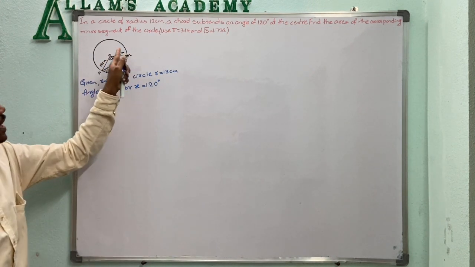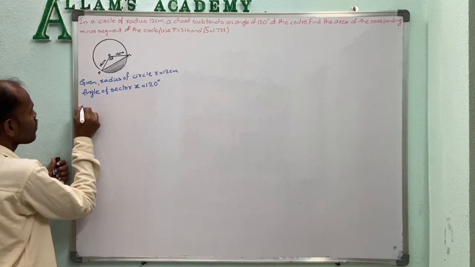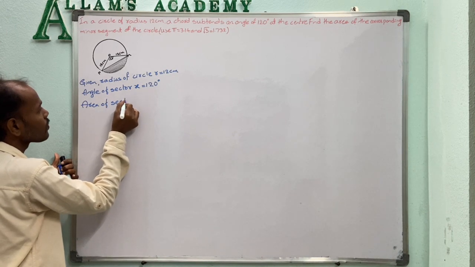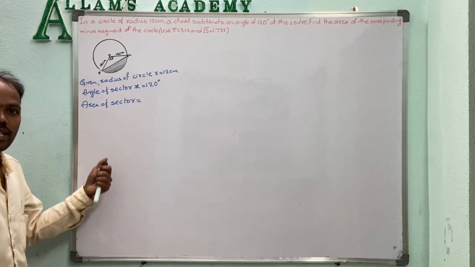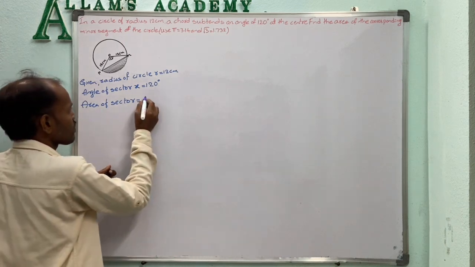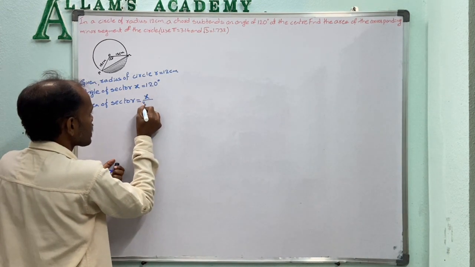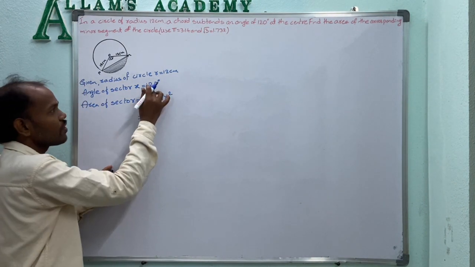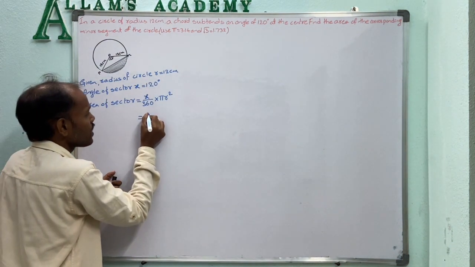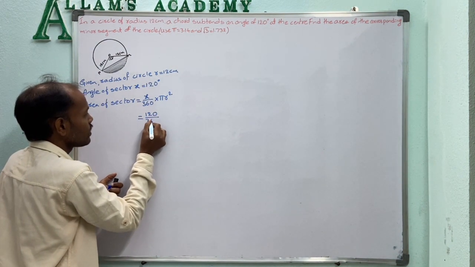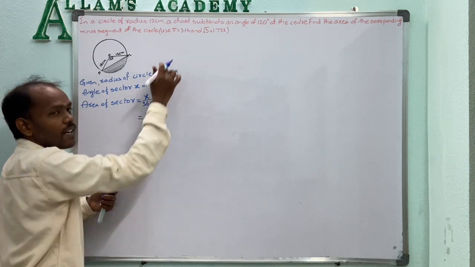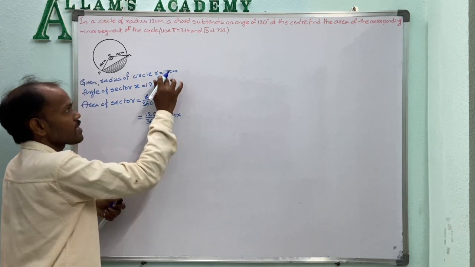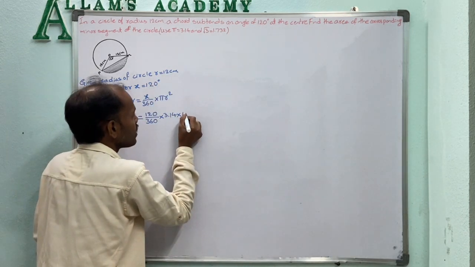So if we find the area of the sector, the area of the sector equals x by 360 into pi r squared. The x value is 120 degrees, so 120 by 360 into pi, which is given as 3.14, into the radius 12, so 12 into 12.